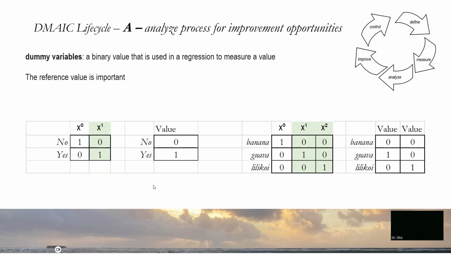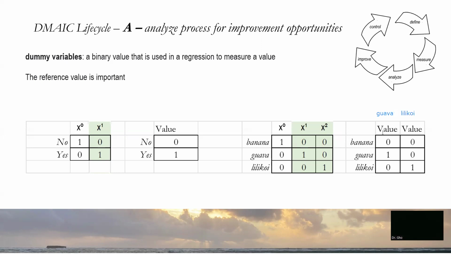If you have multiple categories, like for example banana, guava, lilikoi, let's see, I think there's a text on it. So this one is guava, and this one is really cool.